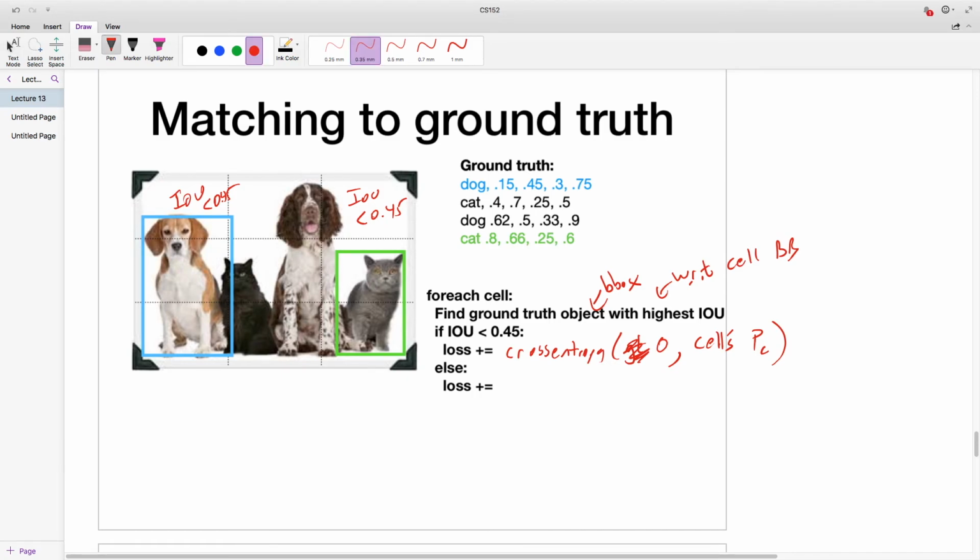All right. If we do have a high IOU, then that means we found some ground truth object for this cell. How can it go wrong? The ground truth object compared to the cell. What can be wrong? What's the high order bit that we care about?